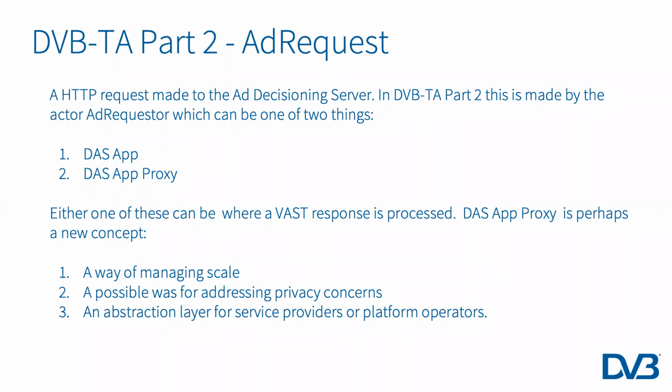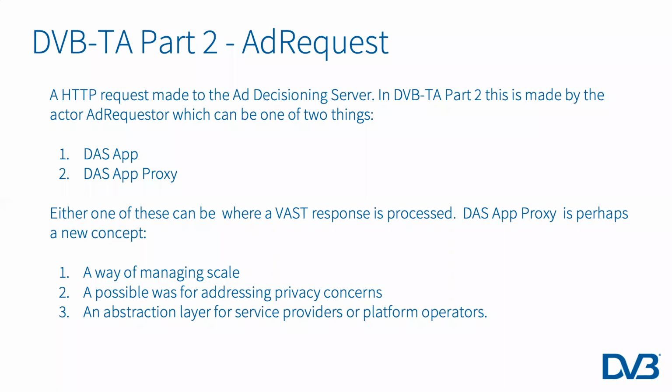This is not normally the case in digital advertising on the web, for example. But they're both essentially acting as a handler for the VAST response from the ad server. But as I said, a DAS app proxy is perhaps a new concept.